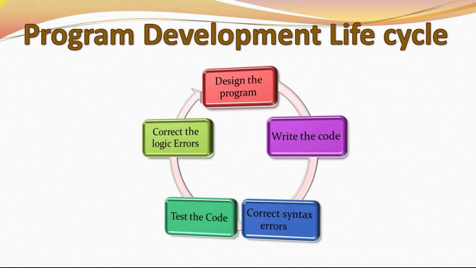Then test the code by running it. Step 1 you designed it, step 2 you wrote or implemented it, step 3 correct the syntax errors. On 2D paper you got the map, but there may be a mistake.